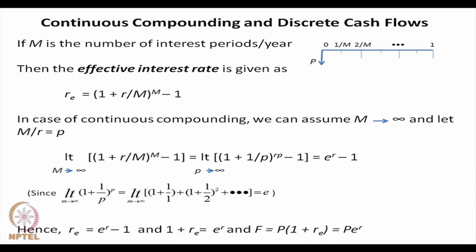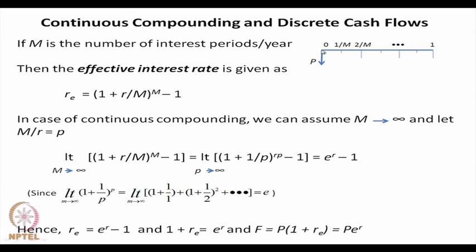So, this quantity becomes equal to e to the power r because of this reason. Hence, R e, the effective interest rate, is equal to e to the power r minus 1, or 1 plus R e is equal to e to the power r.